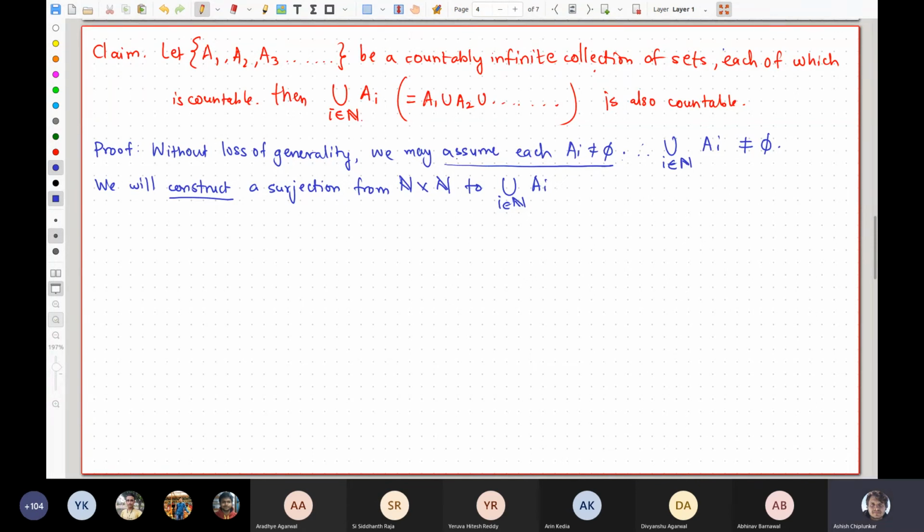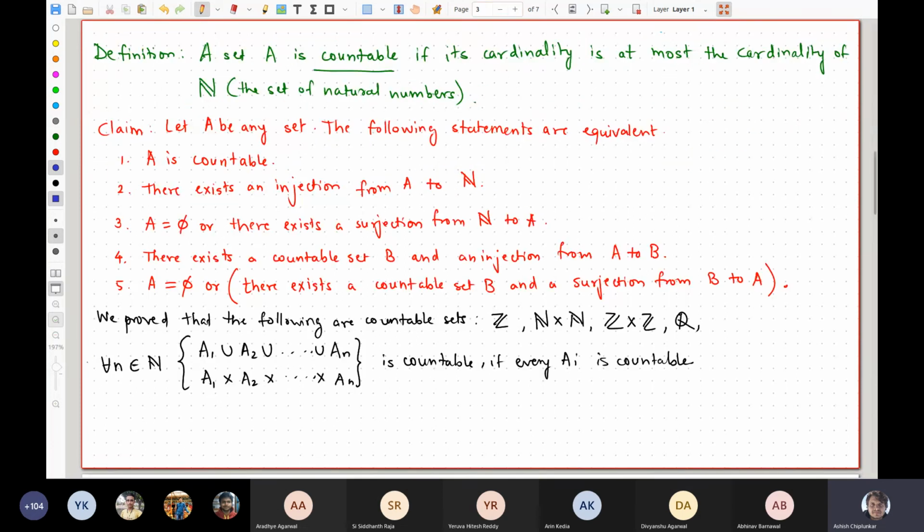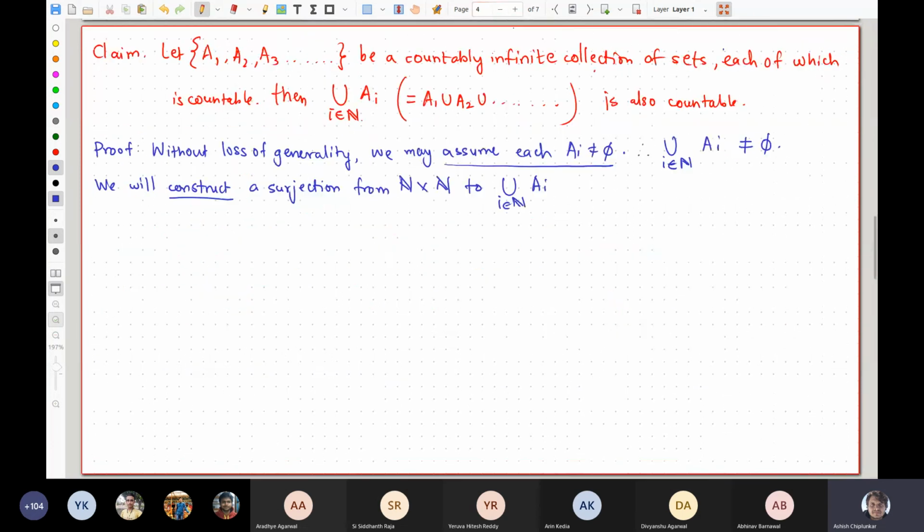If some of your A_i are empty, just drop those A_i, and you'll get another collection that will either be a finite collection of sets, in which case you are done by the earlier proved claim, or it will still remain countably infinite, and then you can use the claim for a countably infinite collection when all the A_i are non-empty. Does that make sense?